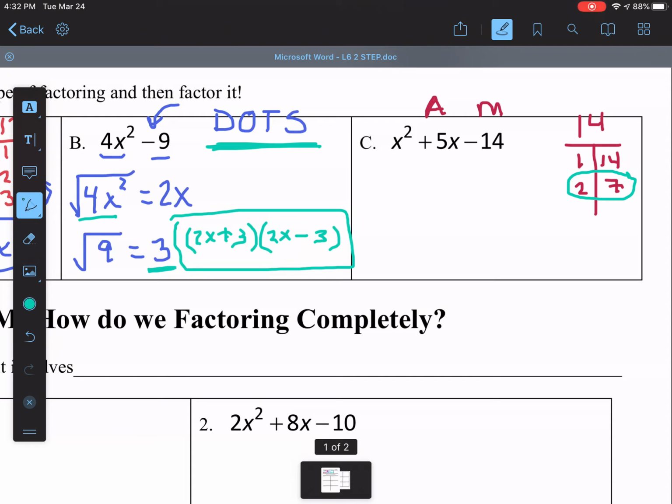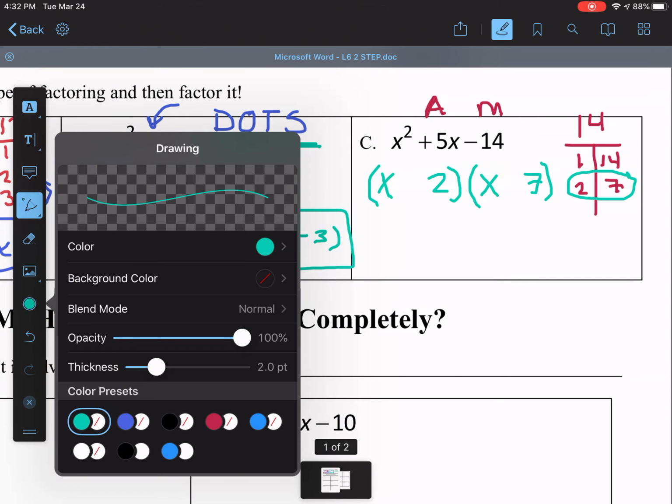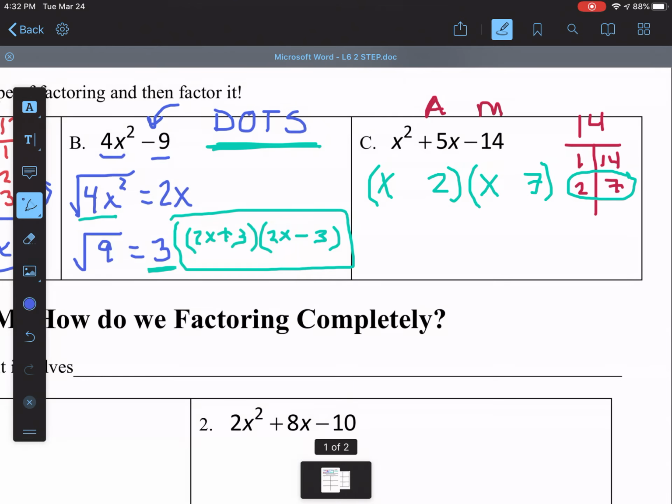So we're going to go over here and do our double bubble. x and x in the front, and then you put 2 and 7 in the back. Now the hard part is figuring out what the signs are going to be. I went over this yesterday, so we can go over our 4 options. It's either plus 2 plus 7, plus 2 minus 7, minus 2 plus 7, or minus 2 minus 7.